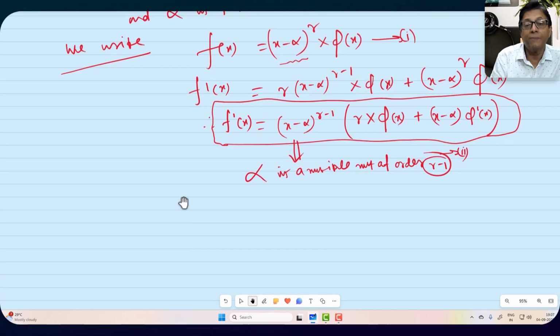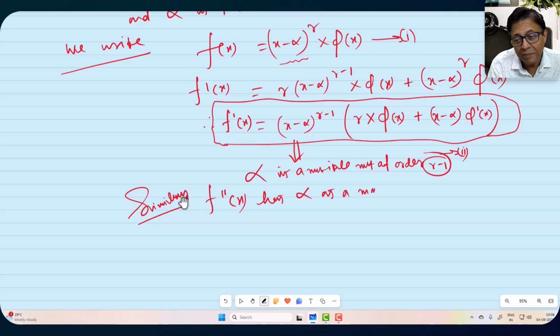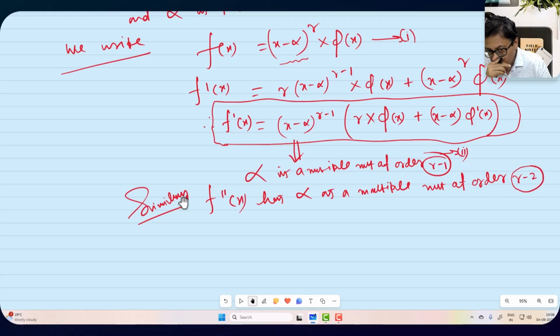If we continue this, this is not the class of differentiation, f double dash x similarly has alpha as a multiple root of order r minus 2.